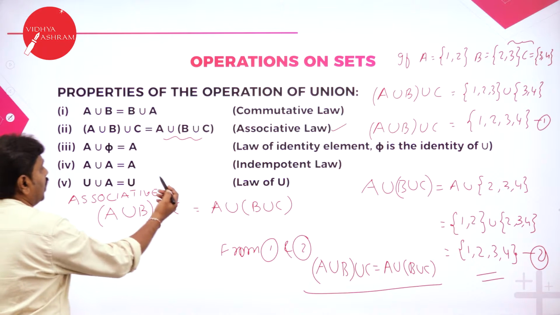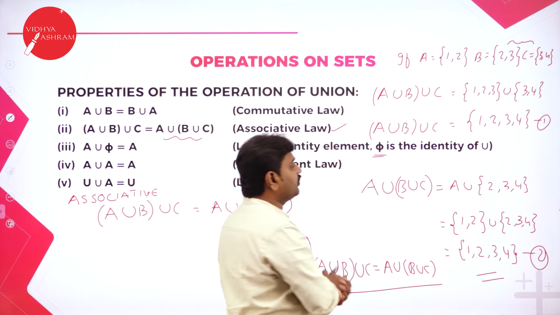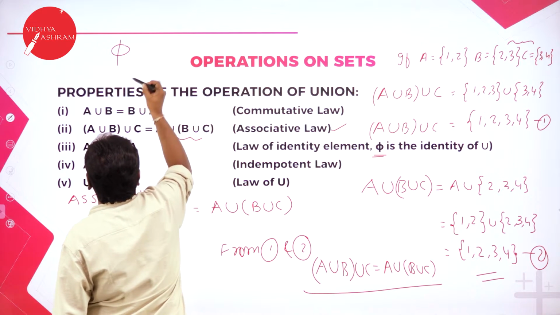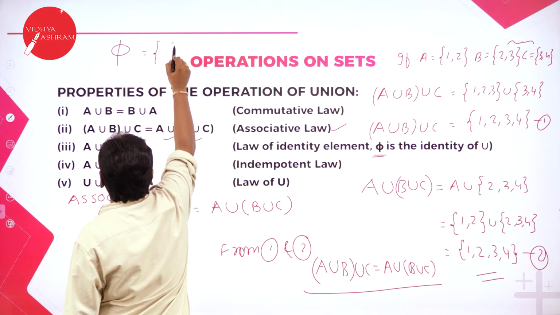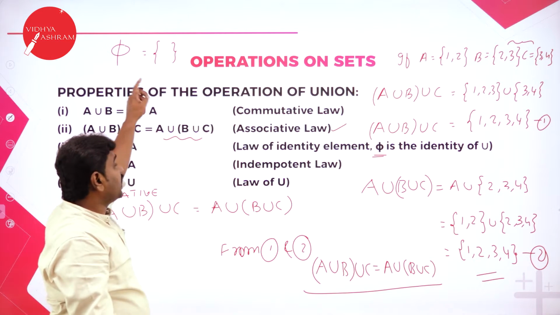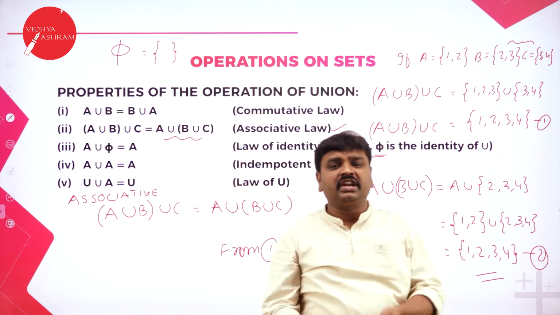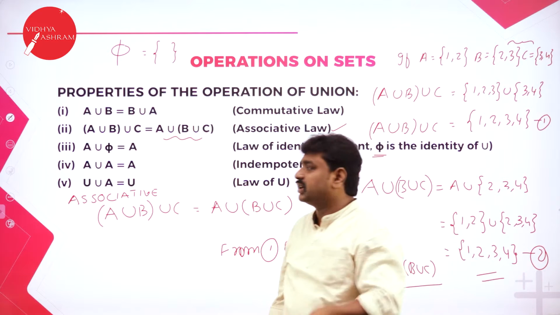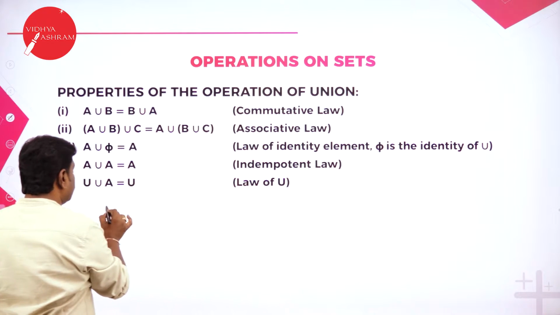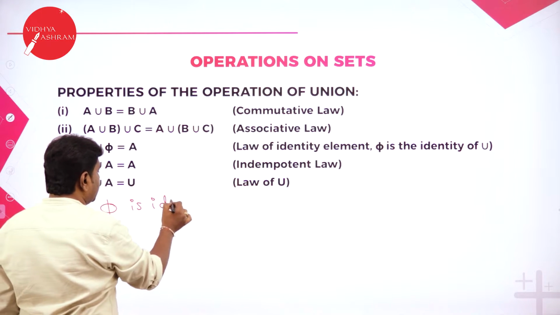Now we have the law of identity element. In union, the null set is called the identity element. All of you know this symbol stands for what? Null set. Null set means empty set, a set without any element. Now the null set is the identity element of the union operation.